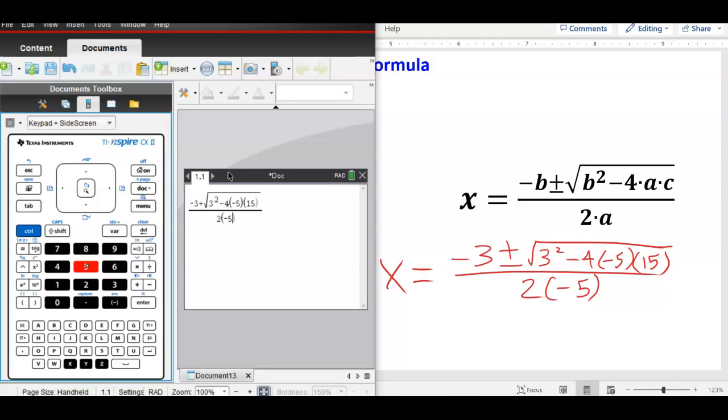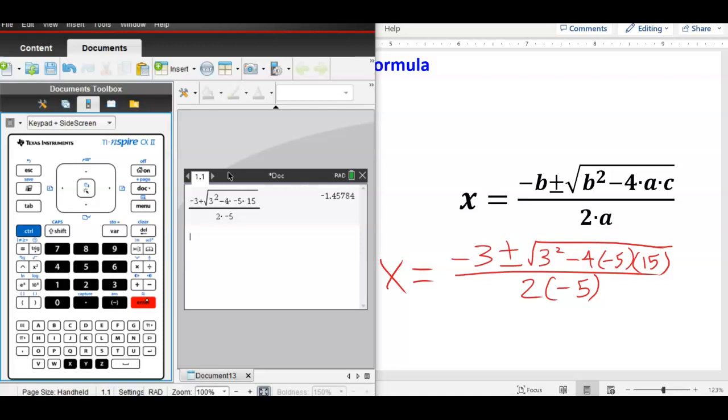Okay. You all typed it in over here? Okay, if you hit enter, you get your first answer, negative 1.457. The 7 makes the 5 round up to 6. Check over here. Great. See how it's still under here?